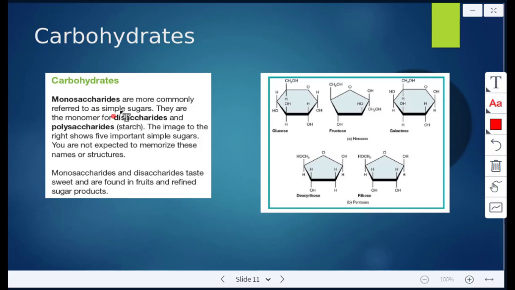Di meaning two, mono meaning one, and poly meaning many. So polysaccharides make up the starch. There are 5 important simple sugars. Here we can see glucose, fructose, galactose, and down here we have deoxyribose and ribose. The monosaccharides and disaccharides taste sweet and are found in fruits and in refined sugar products.